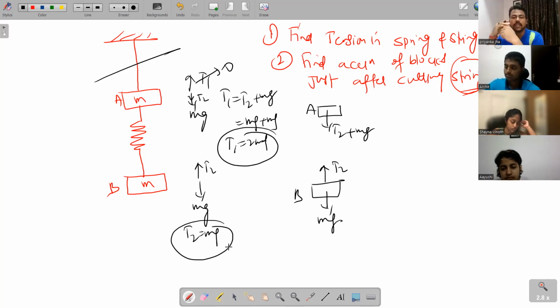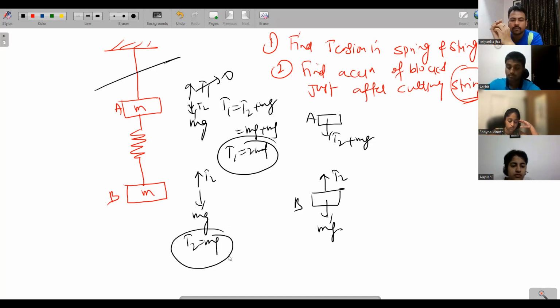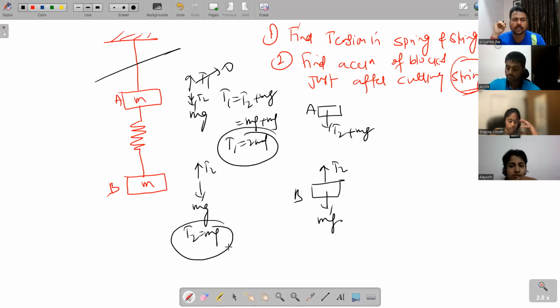Now what will happen? Tell me what will happen? Initially it was T1 upward.